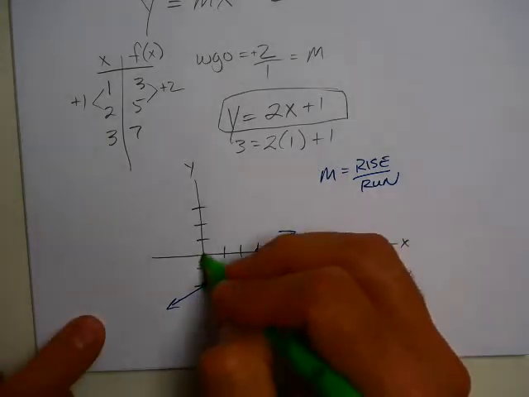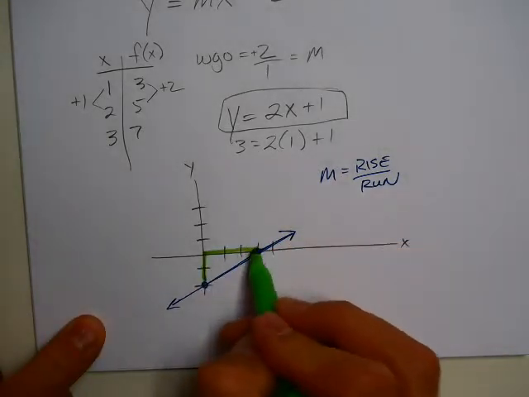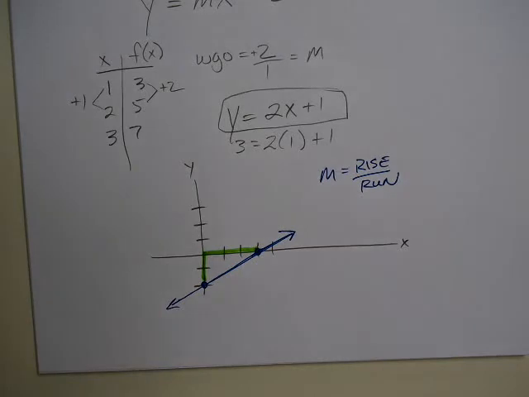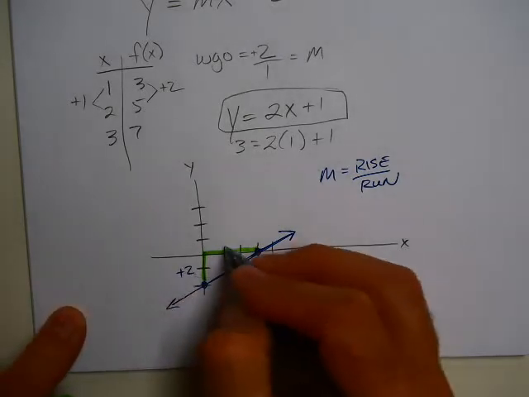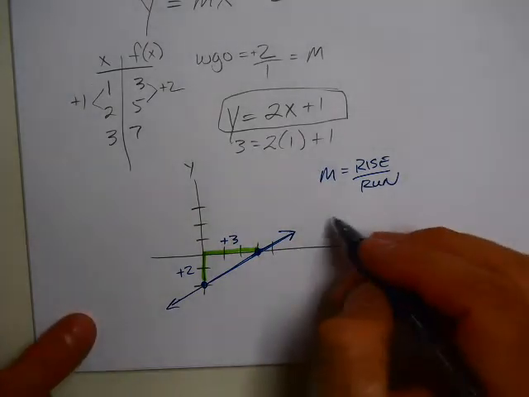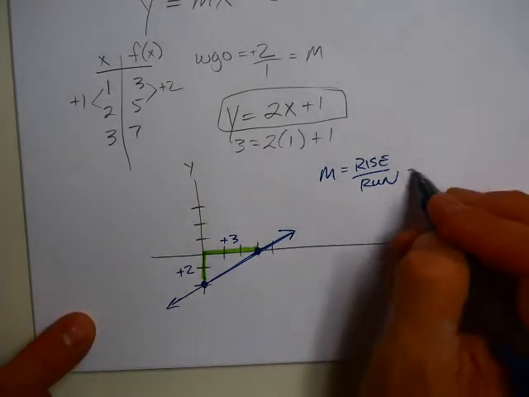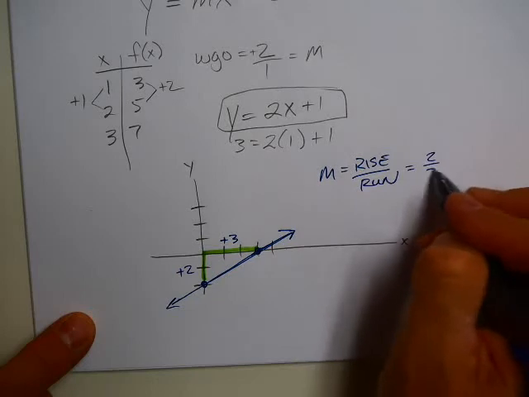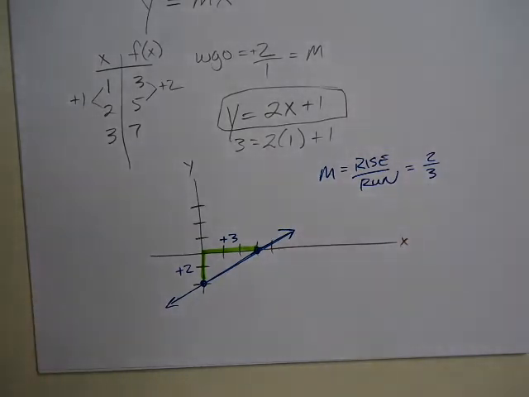So I've got to go up 2 and over 3. So my rise over run, in this case, is 2 over 3. And it's a fraction. That's okay. We want slope to be a fraction. It's either going to be a fraction or a whole number.